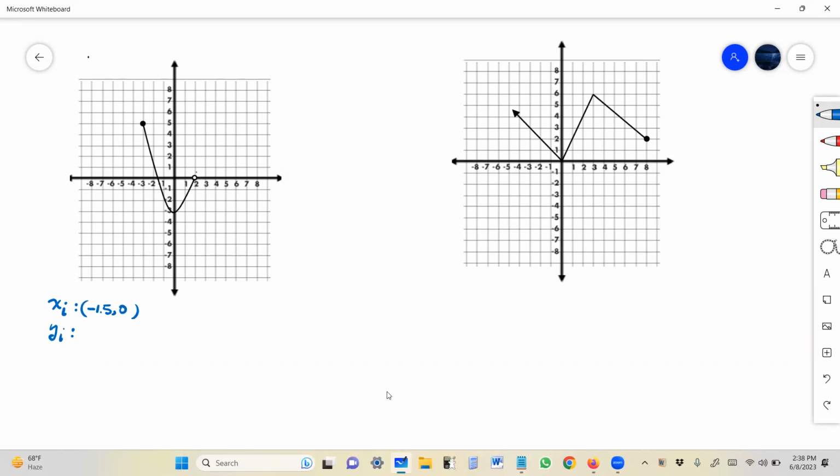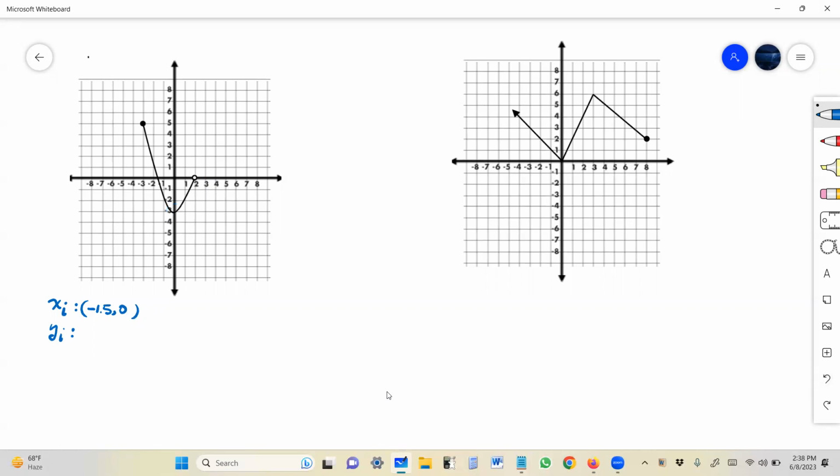Okay, now this location here, because it's an open circle, the graph is not really touching there. So this is not an x-intercept. If it was a solid point, it would be (2, 0), because it's right here at 2 and the y coordinate is 0. The y-intercept is this location right here.